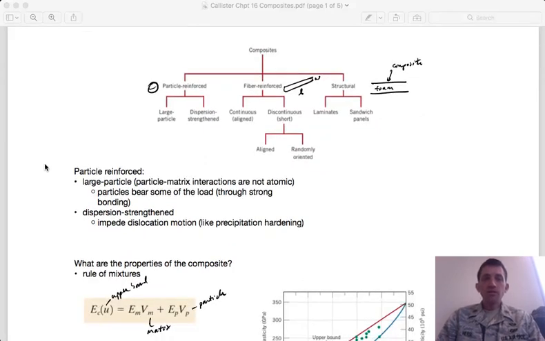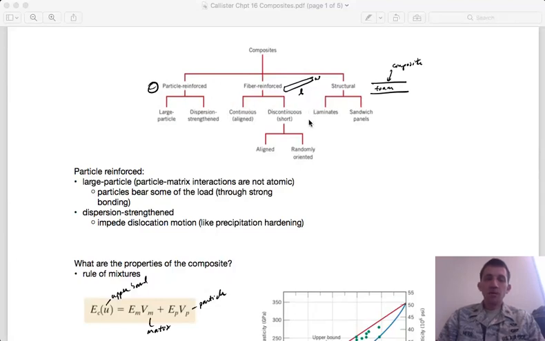The types of composites are summarized well in this sort of tree diagram here. And you have three major classes of composites. There's particle reinforced, fiber reinforced, and then structural. Like it sounds, particle and fiber reinforcement are reinforced by particles and fibers. Within the particle, you can have different sizes and distributions of the particles.